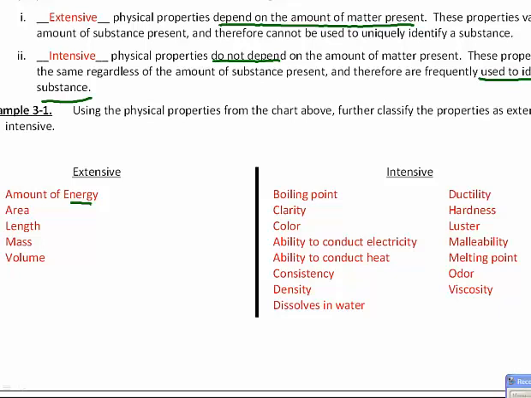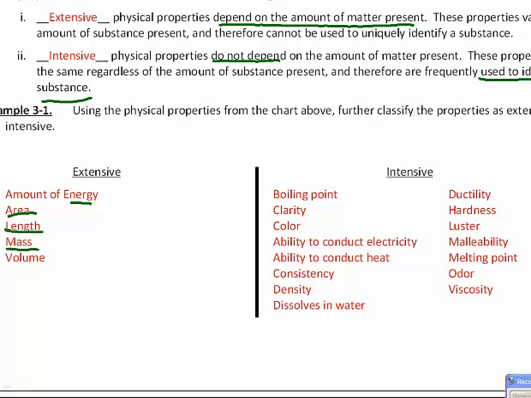If I give you a yard of yarn, and then I give you 35 yards of yarn, obviously you can make an object with a bigger area. 35 yards is bigger than 1 yard of yarn. Okay, great. If I give you 1 marble, it's going to have a certain mass. If I give you 50 marbles, the mass has changed. That's what we're talking about, is that extensive physical properties depend on the amount of matter present.